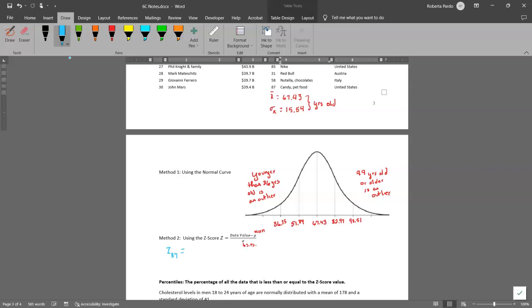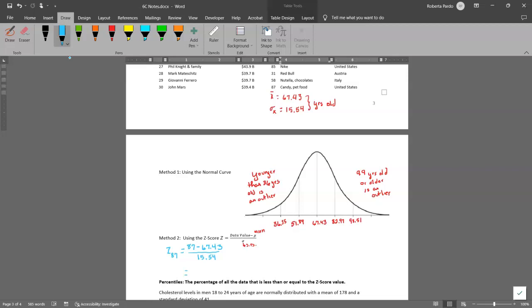So we take 87 minus the mean, which is 67.43, essentially figuring out where this person would fall, divided by the equal partitions of 15.54. If this z-score is greater than 2 standard deviations, then this person is an outlier.